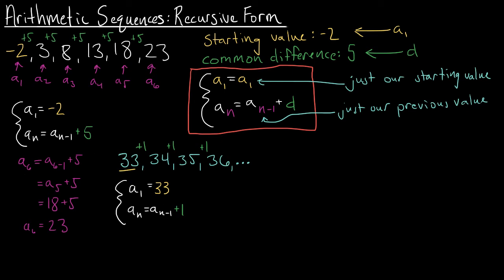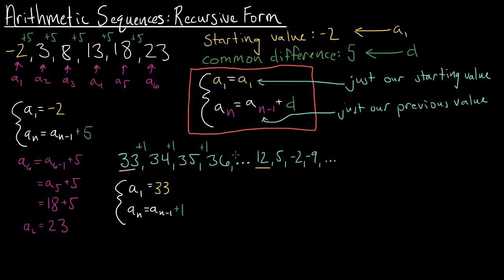Okay, let's do another couple of these. So let's say that I have the sequence 12, 5, -2, and -9, and so on. If I want to write out a recursive form for this sequence, the first thing I want to do is identify my starting value, which is 12.